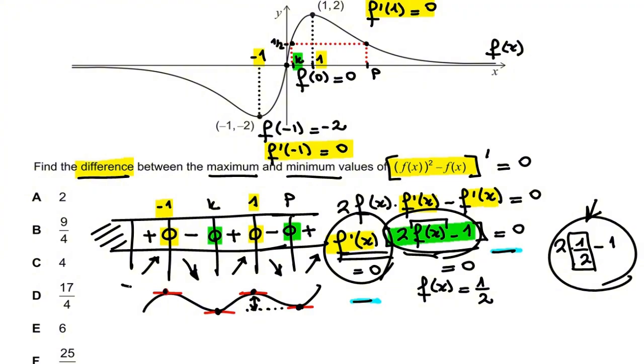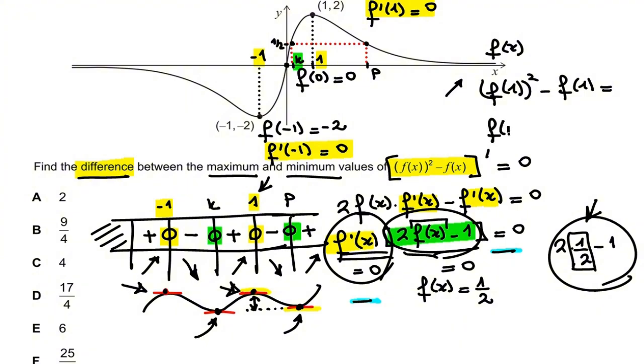So whether we take this max or that max, and for the minimums whether we take this one or that one, the result will be the same. Now, I think we should focus on this one and this one. It will reach its max value at x equals 1. So here we substitute 1 for x, and calculate f(1) squared minus f(1), and we find the maximum. When we substitute p, we find the minimum by calculating f(p) squared minus f(p).